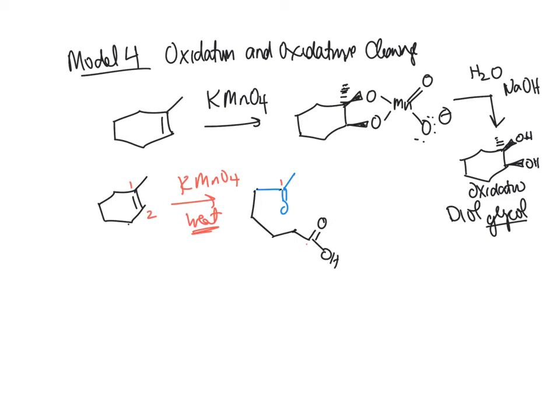So 1, 2. I have to number them all. Okay, this is oxidative cleavage. So the difference is when you use permanganate at cold temperatures or room temperature, it's very mild. But if you heat it, then you can actually cleave that double bond.